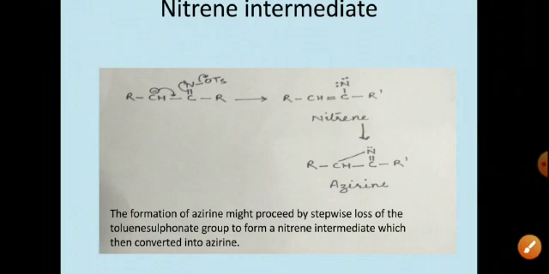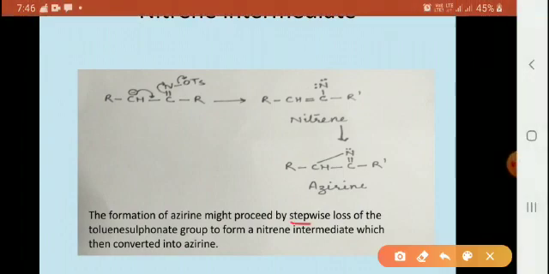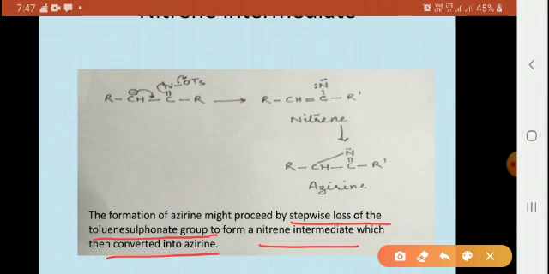Formation of azirine might proceed by stepwise loss of the toluene sulfonate group to form a nitrene intermediate, which is then converted into azirine. The carbanion moves to form the bond between carbon and carbon, and OTs leaves as a leaving group.